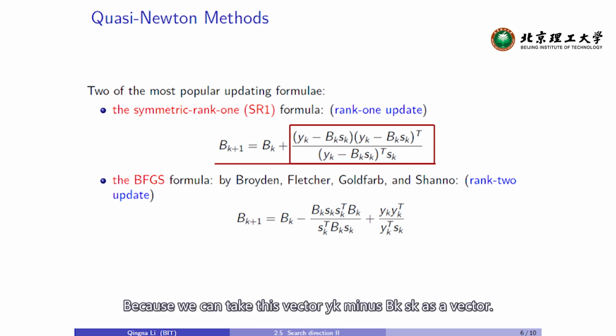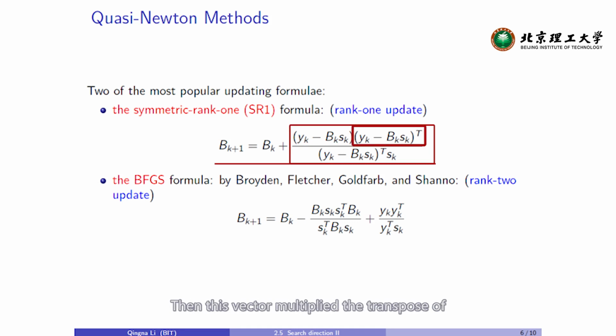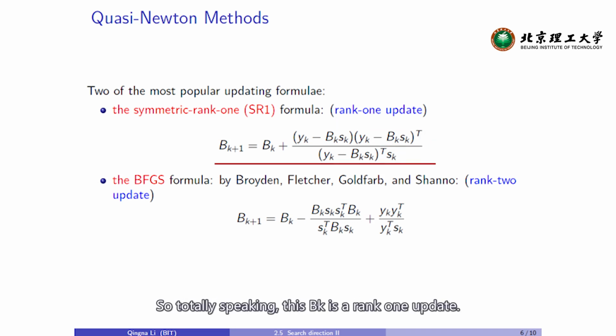Because we can take this vector y_k minus B_k s_k as a vector. Then this vector multiplied by the transpose of this vector becomes a rank 1 matrix. And the denominator here is a constant. So altogether, this is a rank 1 update.